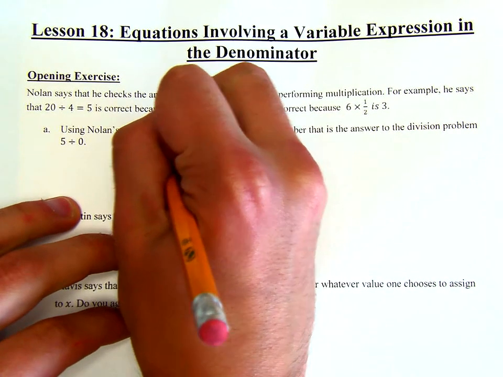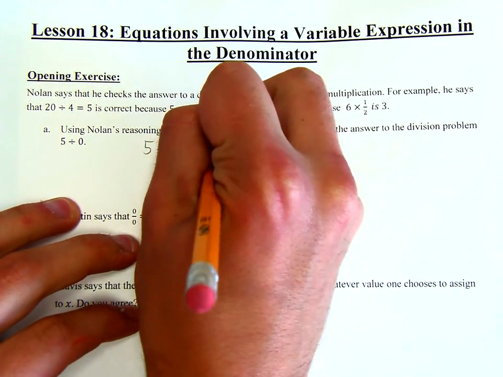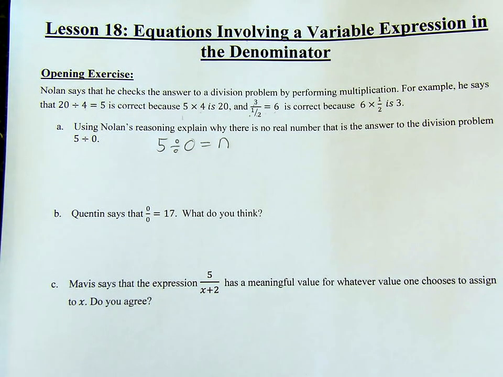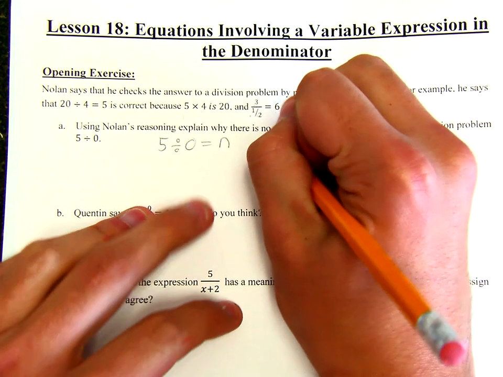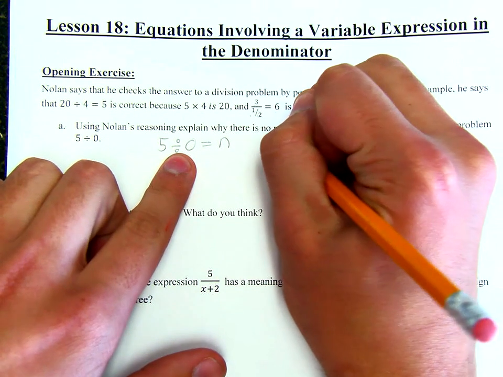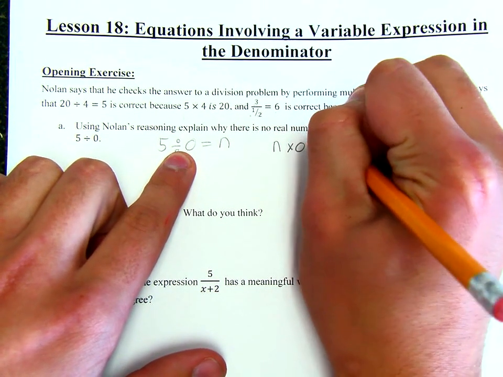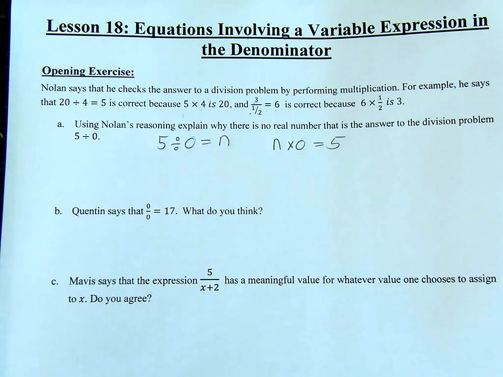Just any number. So looking at this, with Nolan's explanation, we're going to have that n times 0 should equal 5. And if we look at that, can we think of any number as n that if we multiply by 0, we get 5? Well, if we really think about it, any number times 0 is 0.